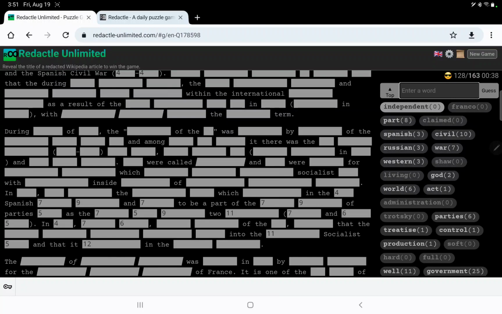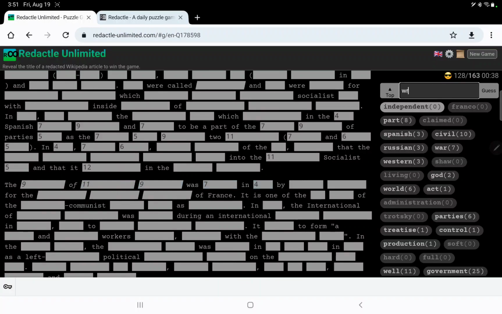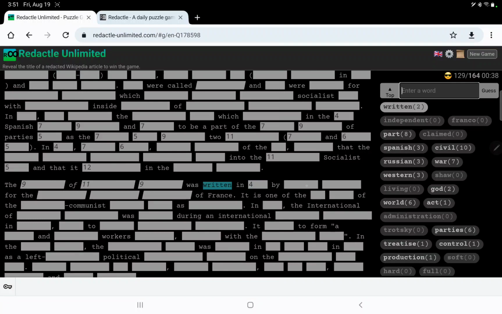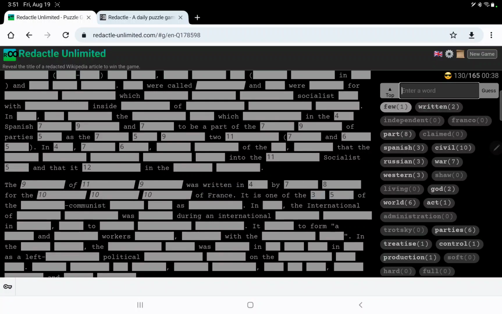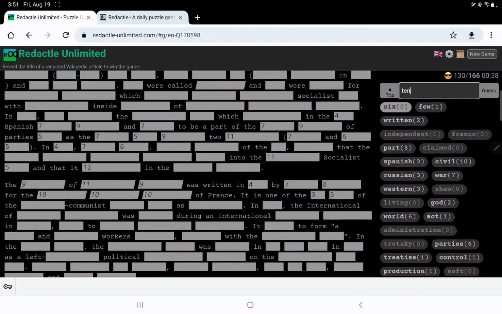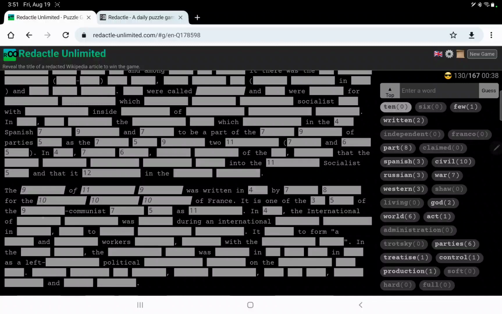No, into something socialist. It was written in some year by 7-8 for the 10-10-10 of France. It is one of the few, one of the something communist 7-5 as 11 in some year.